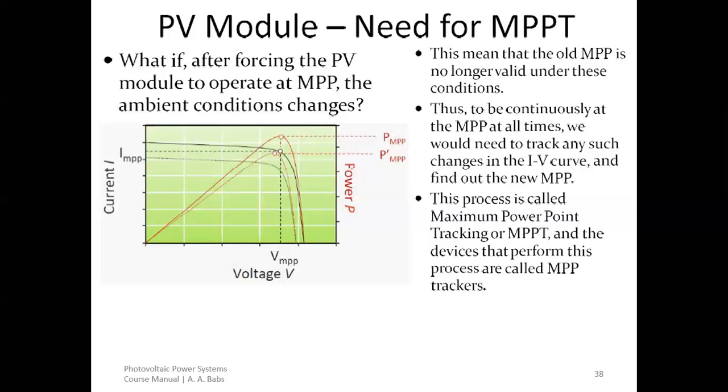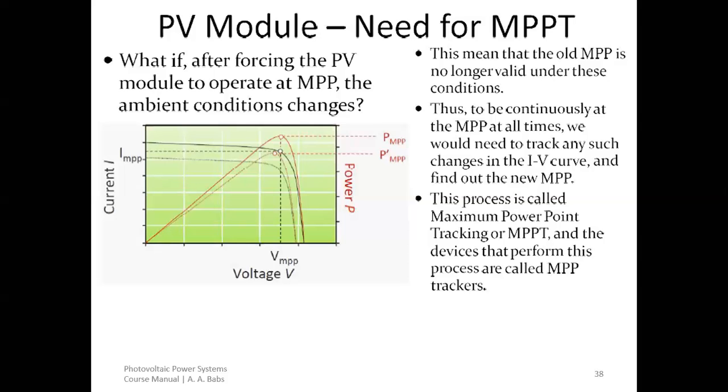There are devices that can make that happen. The devices that perform this process are usually referred to as MPP trackers. Most PV modules or inverters have MPP trackers incorporated into them. Please pay attention to these two; these are important details you want to see. You can see the variations there. You could have one maximum power, and then there is a variation in the ambient conditions, and because of that, you force the VMPP or IMPP to a particular value to keep the power constant.